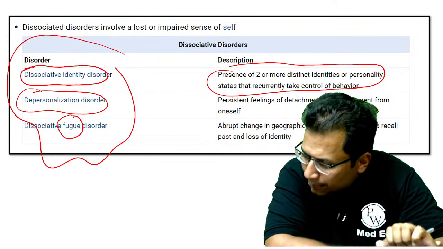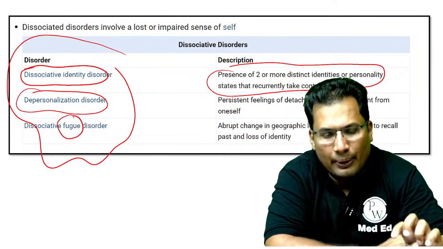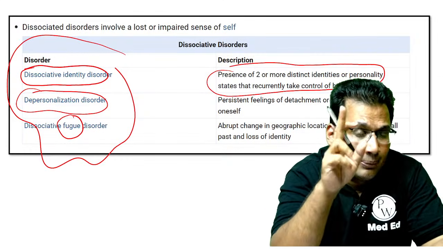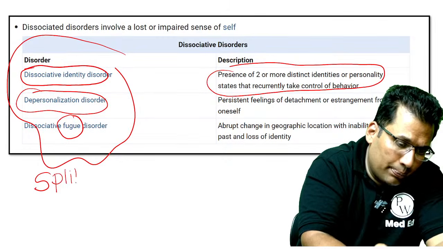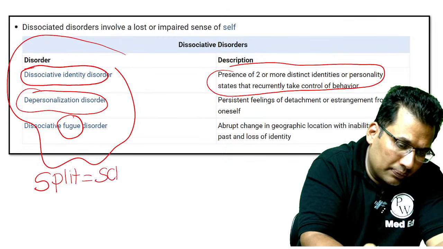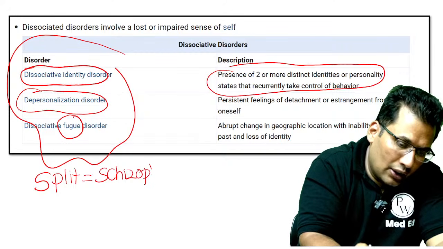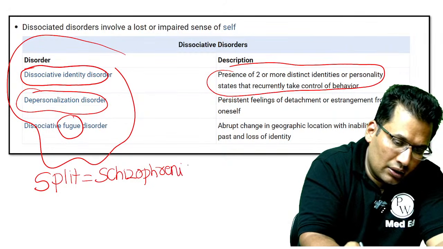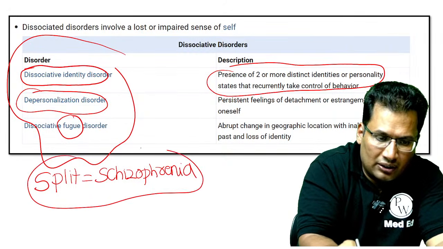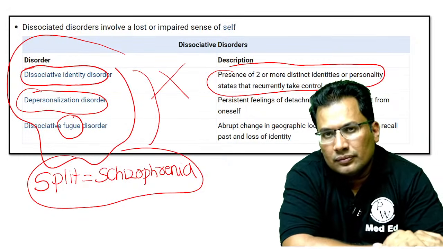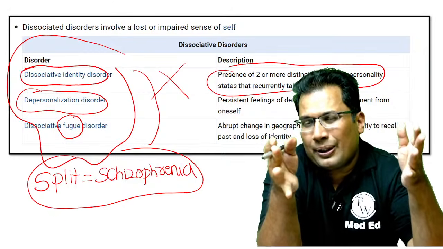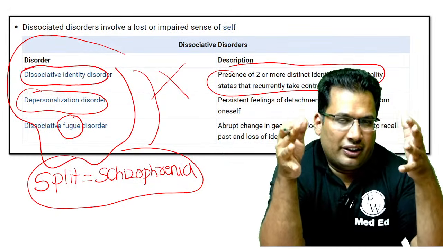Ranjan, this is not split personality. This is multiple personality. Split personality means schizophrenia. Try to understand this common mistake. Split means schizophrenia. Write this: split is equal to schizophrenia. It is not dissociative identity disorder. Split in the thought process, that is schizophrenia.